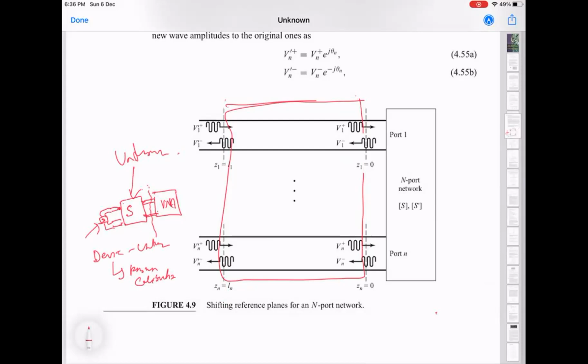Right? This is a standard. Practically speaking, you buy these things from the vendor who provides the network analyzer. You get these calibration standards, and because you know the network of that, then by seeing what is measured when you connect this known device here, you can invert the problem and basically figure out what is in between.